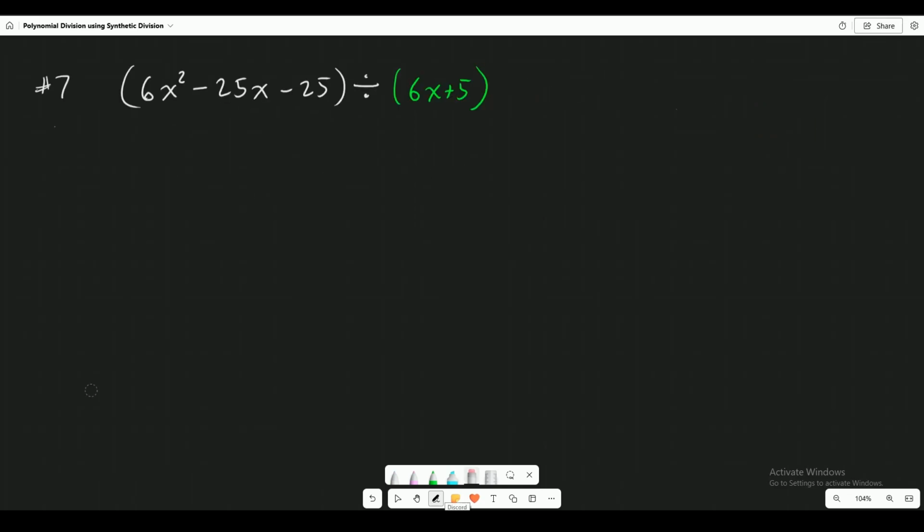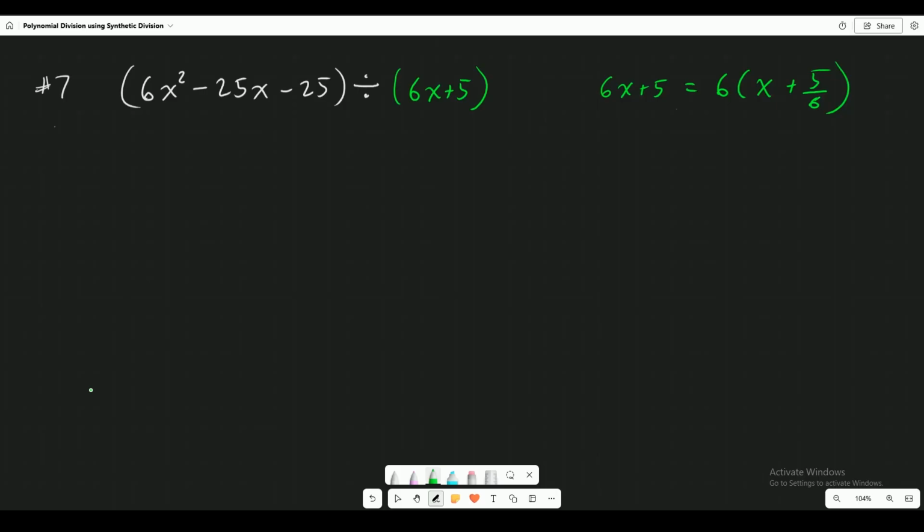And this is going to be our last example. This time, look at the coefficient next to the term we're dividing by. It's not 1, so let's turn it into 1. So 6x plus 5 is the same thing as saying 6 times x plus 5/6.